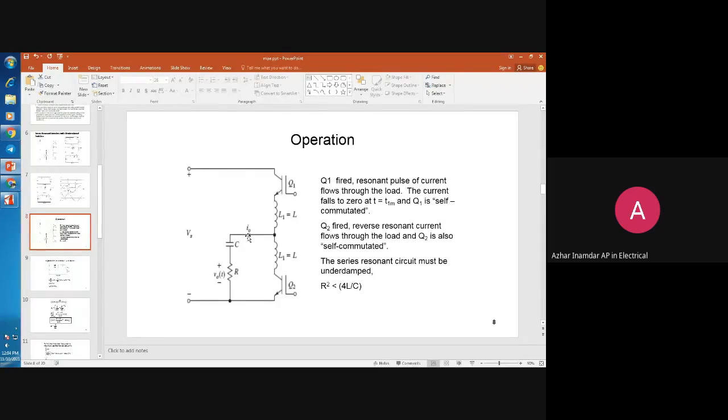The power flow from the DC supply is discontinuous in this inverter. We already know that the DC supply has a high peak current and contains harmonics.